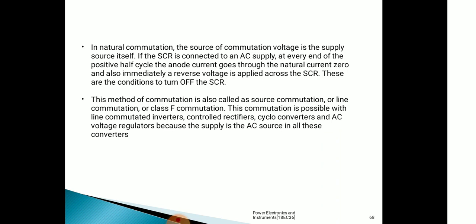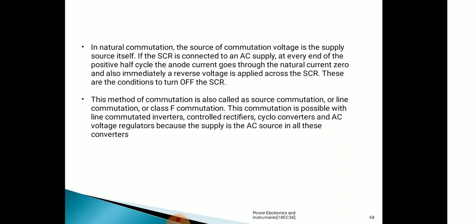This commutation is possible with line commutated inverters, controlled rectifiers, cycloconverters and AC voltage regulators. This type of commutation can be used in all these rectifiers, inverters and converters, because in all of these the supply is AC. So this is natural commutation.